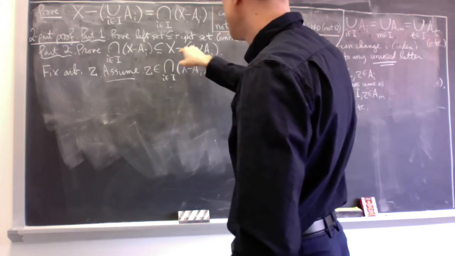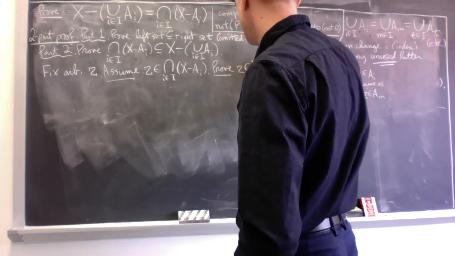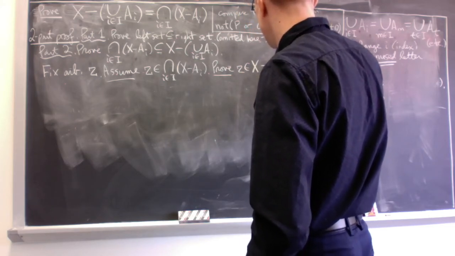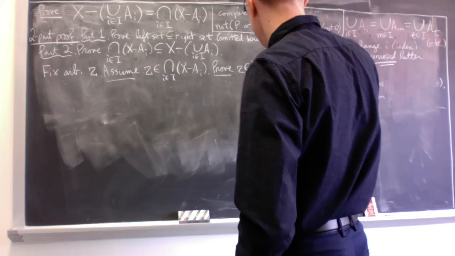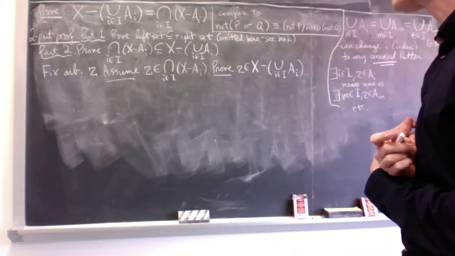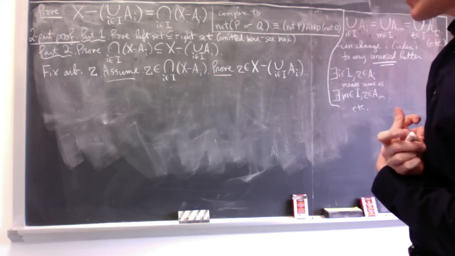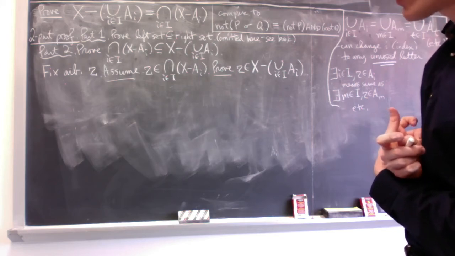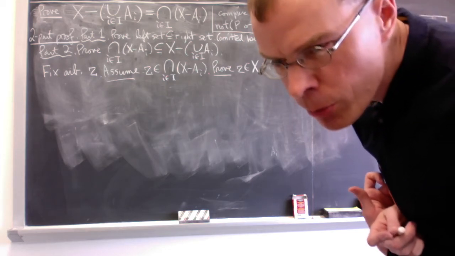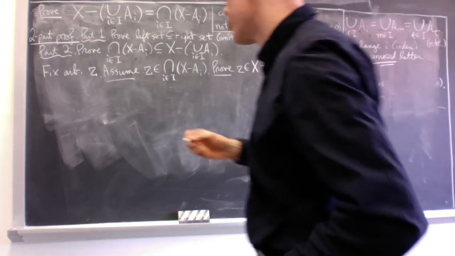Prove that Z is in this right-hand set, whatever it may be. Okay. Well, now we've got tons of definitions sitting in front of us. Let's work through them slowly, expanding what we've assumed and what we must prove.